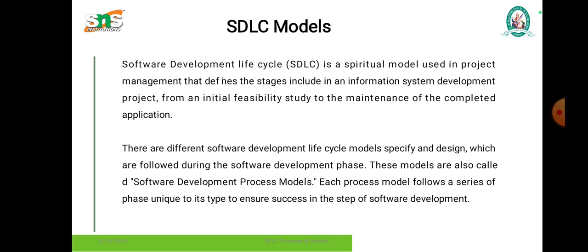There are different software development life cycle models, specified and designed to be followed during the software development phases. These models are also called software development process models. Each process model follows a series of phases to ensure success in the steps of the software project.